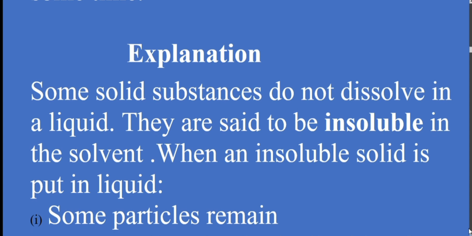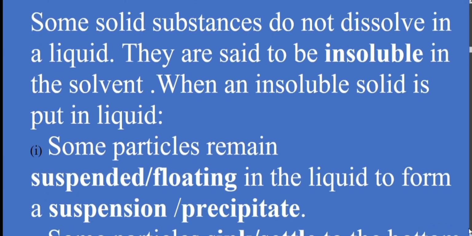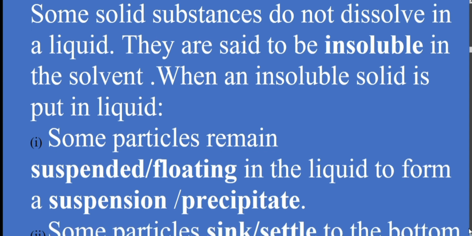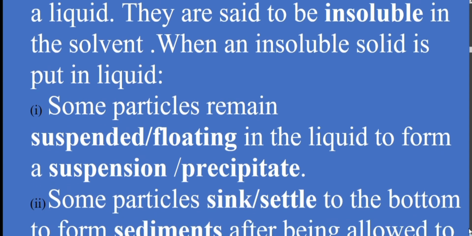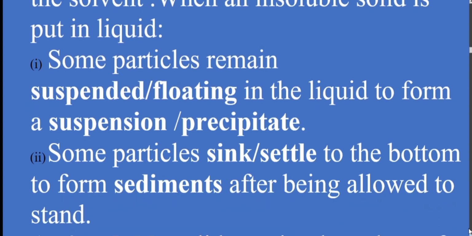One, some particles remain suspended or floating in the liquid to form a suspension or a precipitate. Two, some particles sink or settle to the bottom to form sediments after being allowed to stand.